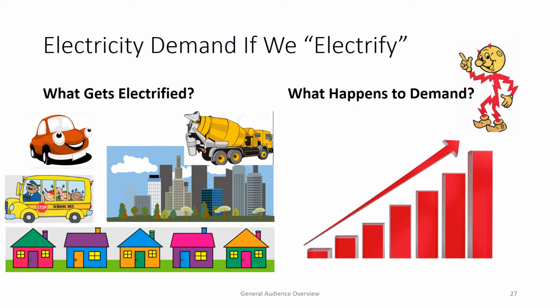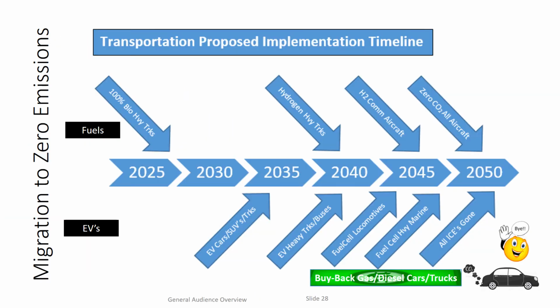We're going to electrify cars and trucks and school buses and houses and buildings and industry and cement making and all these things. What's going to happen is electricity demand is going to go way up. That is part of this Rubik's Cube problem. How do we satisfy that demand?